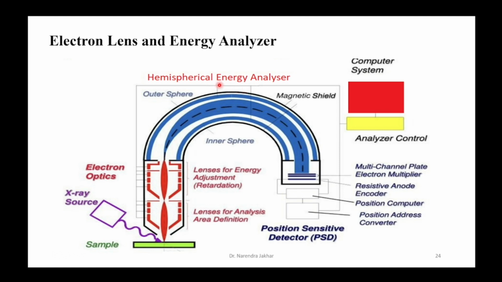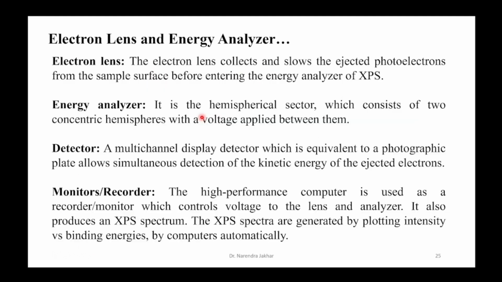Otherwise they will hit here and lose their energy, and they will not be able to reach the detectors. These detectors are a multi-channel plate electron multiplier, and the data is recorded in the computer system and analyzer controller. So this is again a schematic diagram of the electron lenses and energy analyzer.